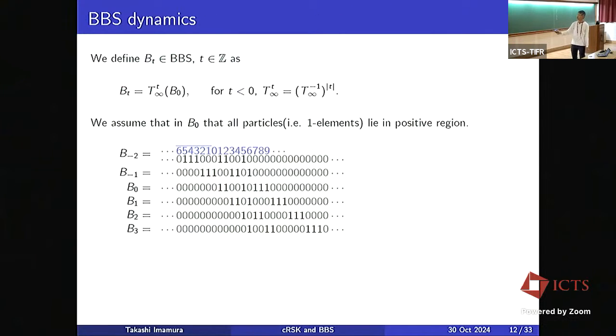We also consider the time evolution of the BBS like this, as in the case of the CRSK dynamics. We also assume that in the initial state B0, all particles lie in the positive region, where the column coordinates are positive.